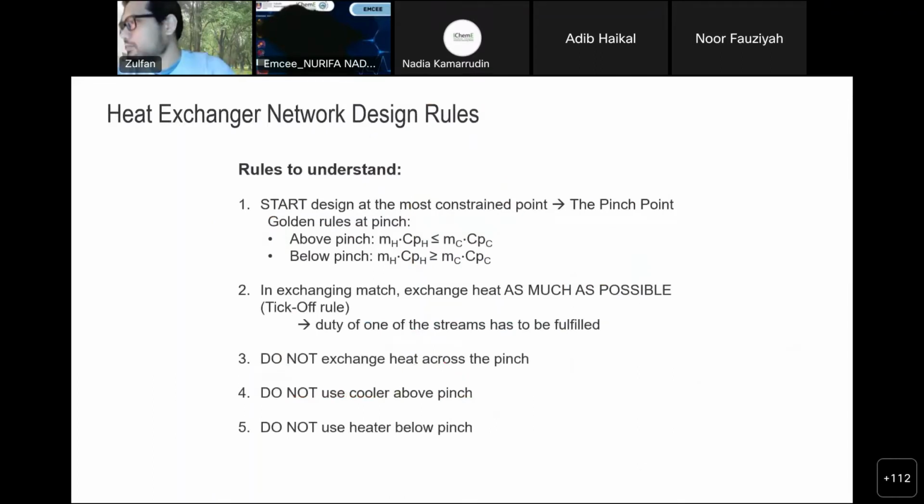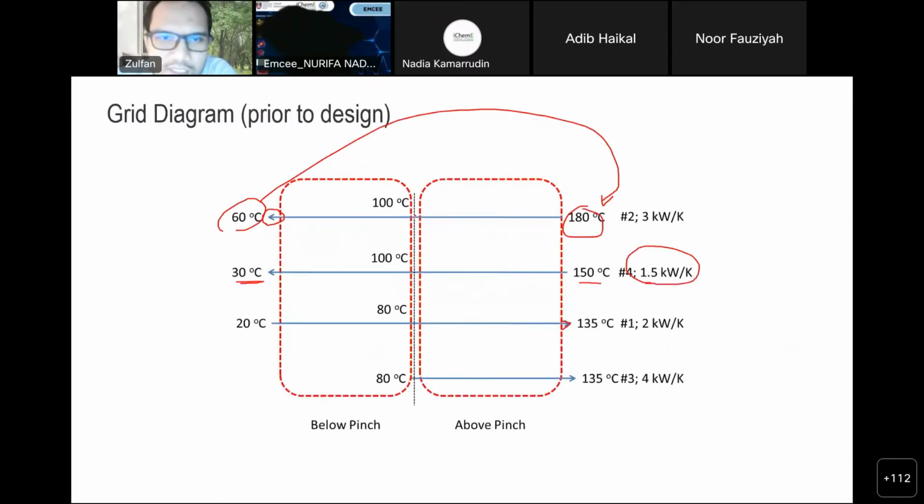Okay, so some design rules. We start the design at the most constrained points, because this temperature is fixed already: 100 degrees C, 100 degrees C, and this is 80 degrees C. So this temperature is fixed already.